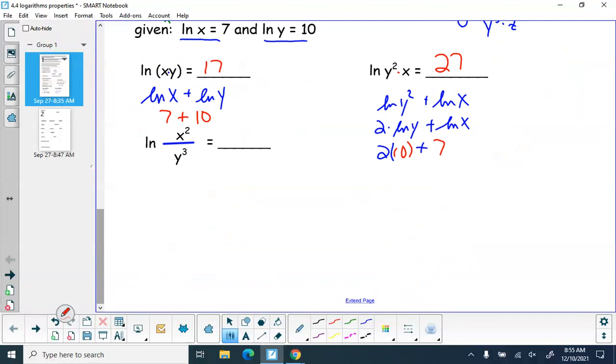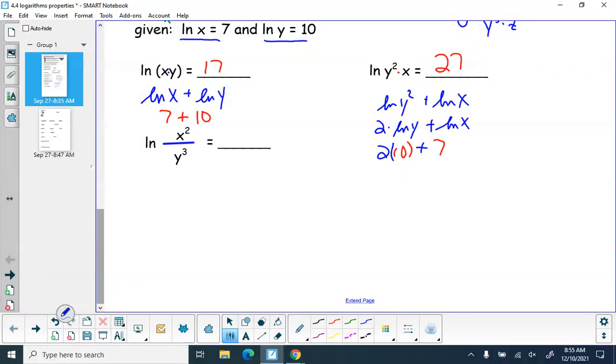Okay, go to the next one. ln of x squared divided by y cubed. First, split them apart into two separate logarithms using the properties. We have division. Then deal with your exponents.